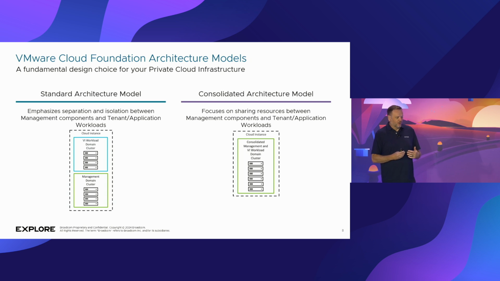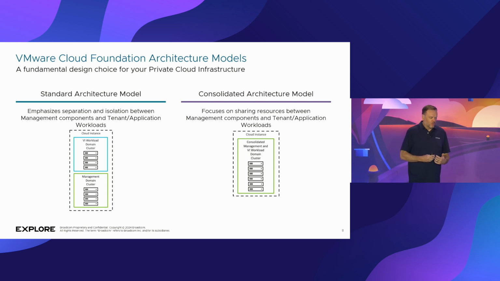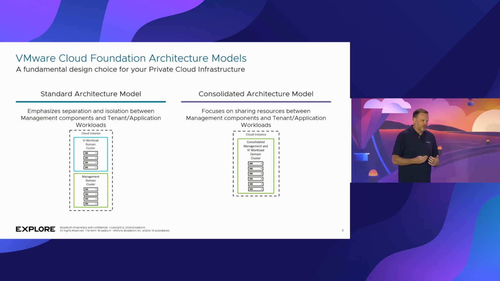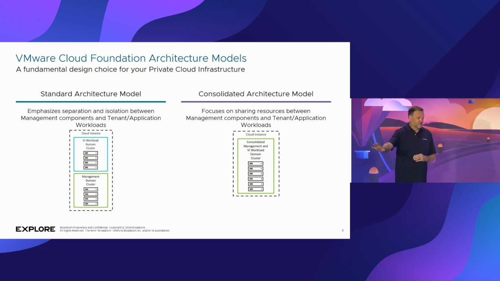Even in the case where we introduced import capability for VCF 5.2, part of that import capability allows for the vCenter to run co-resident with workload in a new workload domain that's been imported, right? We consider that a consolidated architecture model: management co-located, coexistent in capacity with workload. So that's an example of a consolidated architecture model.